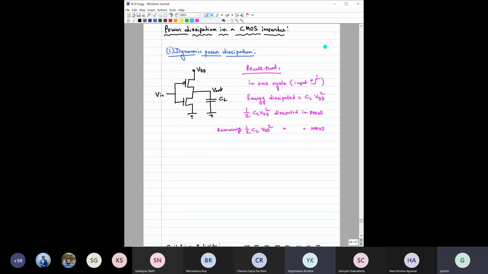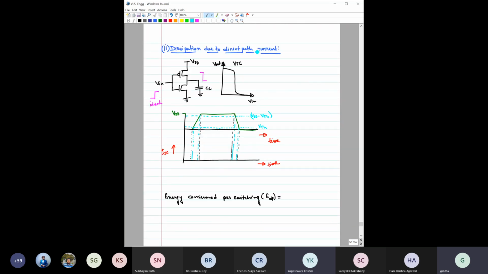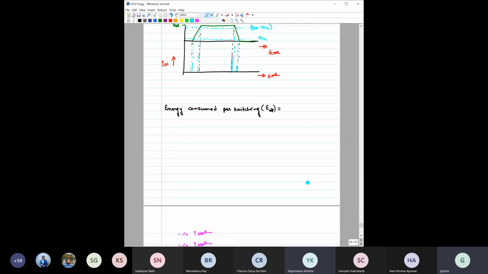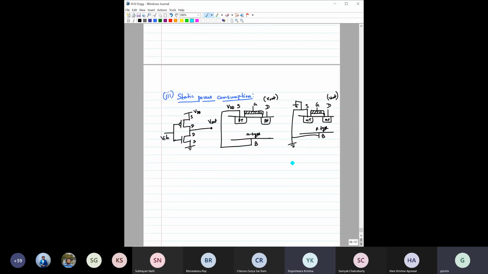Number one is the dynamic power dissipation. The second one is the dissipation due to direct path current. And the third one is the static power consumption. Even though we have mentioned that static power consumption is zero for an ideal CMOS inverter, we will see that practically we will have some finite amount of static power dissipation even in a CMOS inverter.